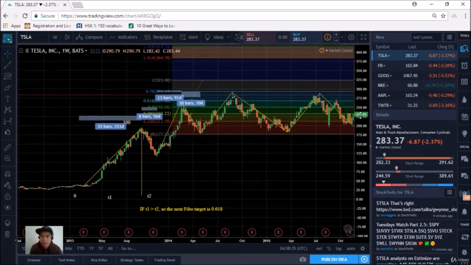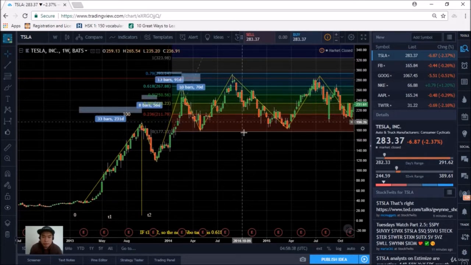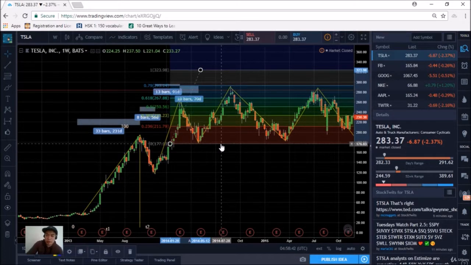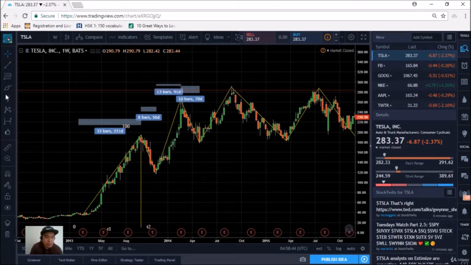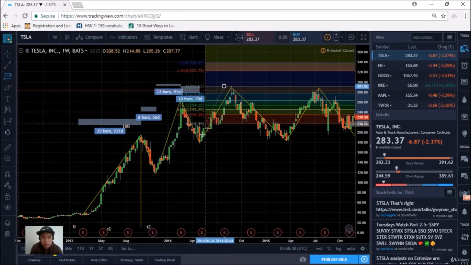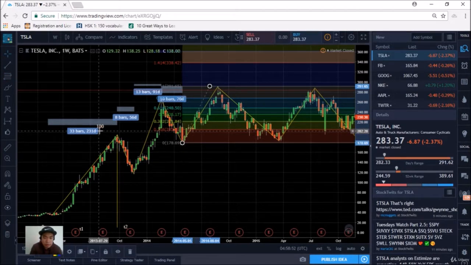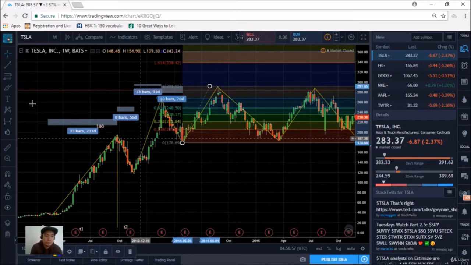Now we measure again the Fibonacci target for the next line. So what we have to do is from here to here, 0, and again this is the distinct high and this is the distinct low.